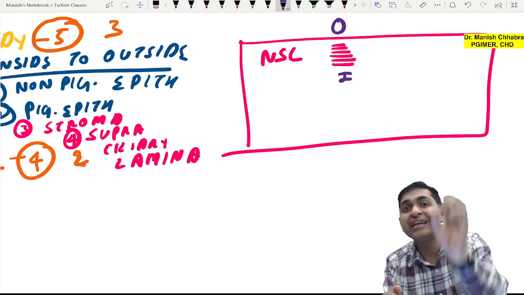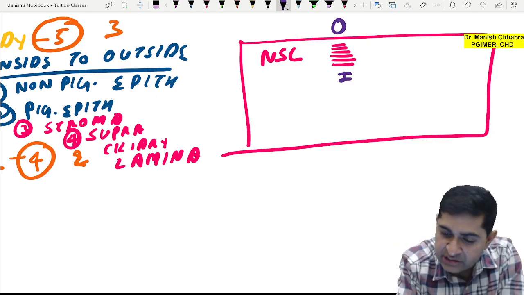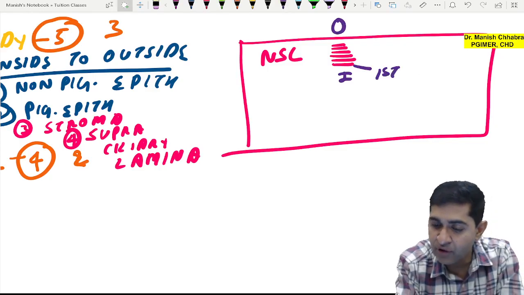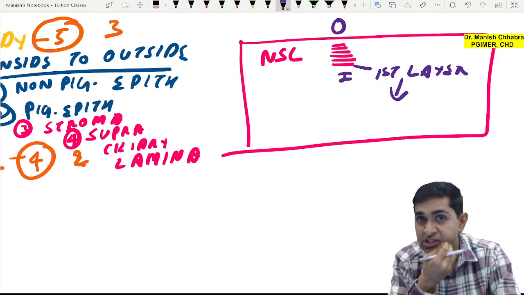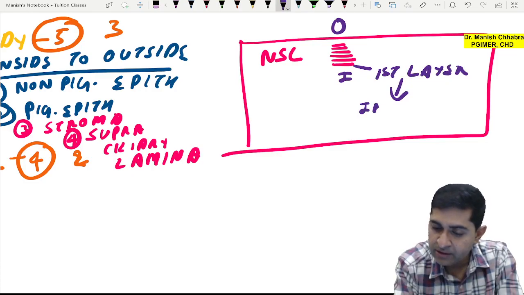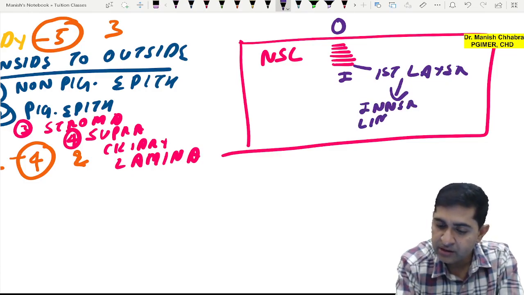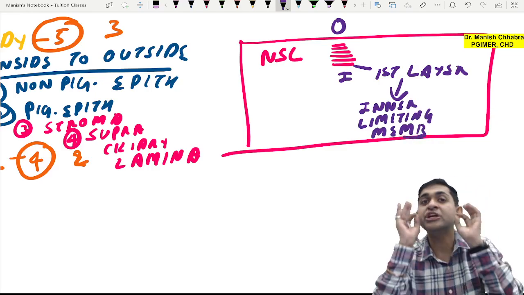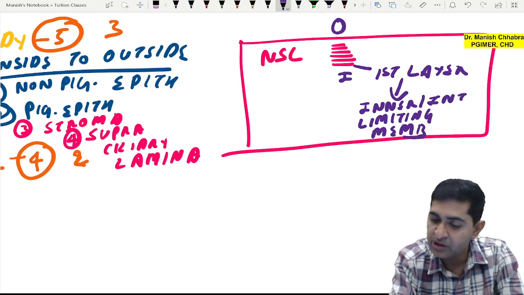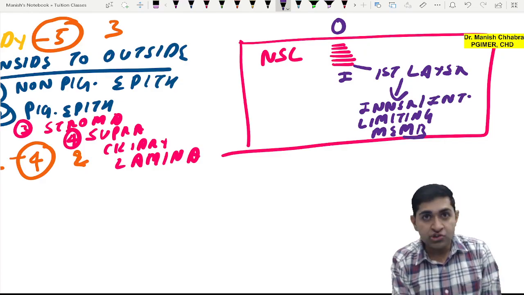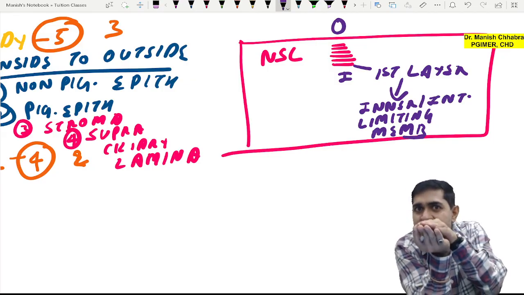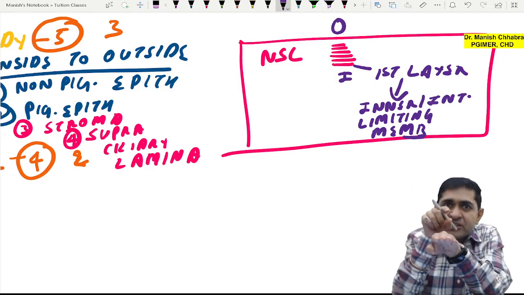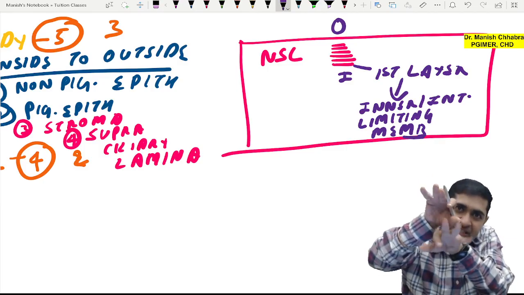Now the innermost layer of the neurosensory layer is your first layer from inside, and the name of this first layer is inner limiting layer or inner limiting membrane or internal limiting membrane. It's one and the same thing, internal limiting membrane. So actually, if we talk about the optic cup, one is the internal limiting membrane, then 8 layers. Of course, the neurosensory layer is 8 layers plus the internal limiting membrane.